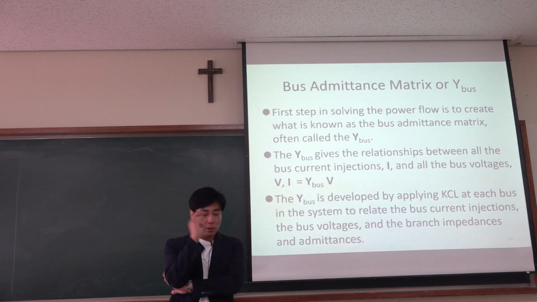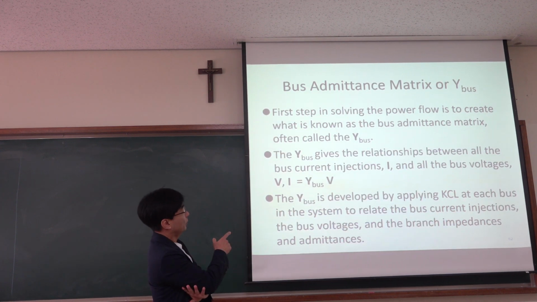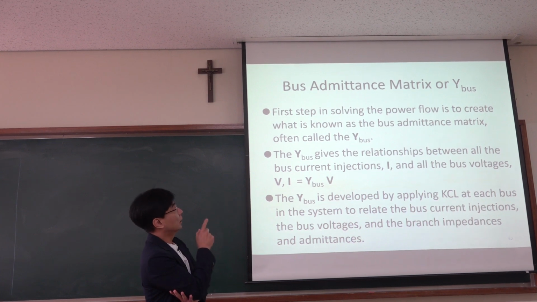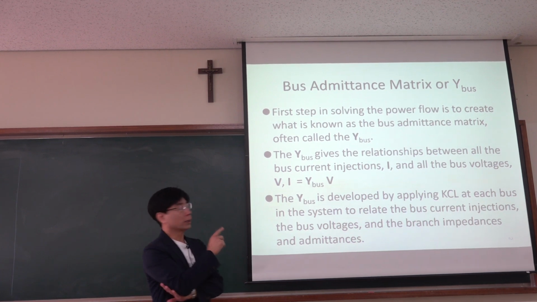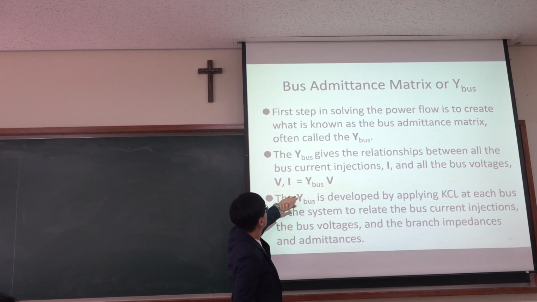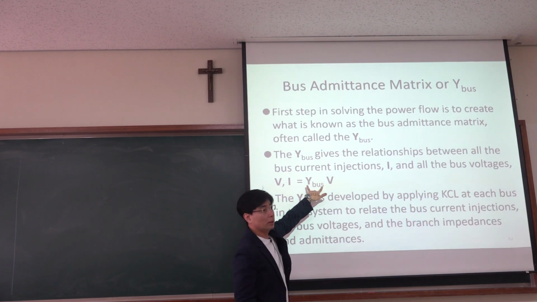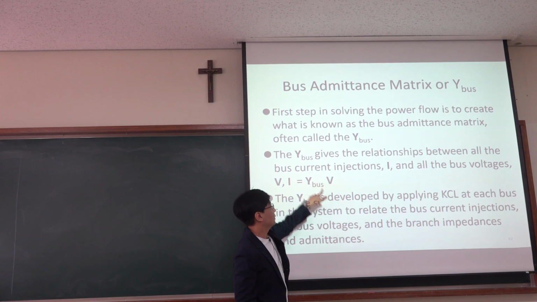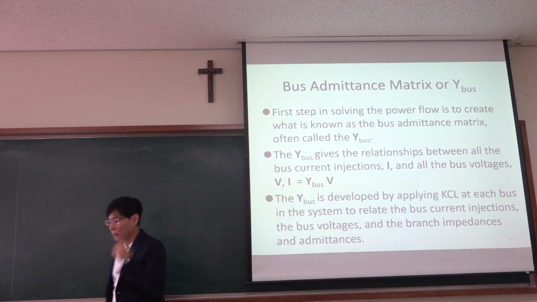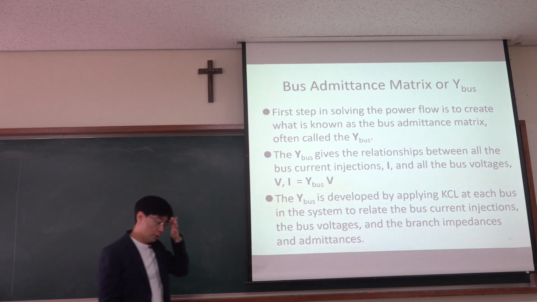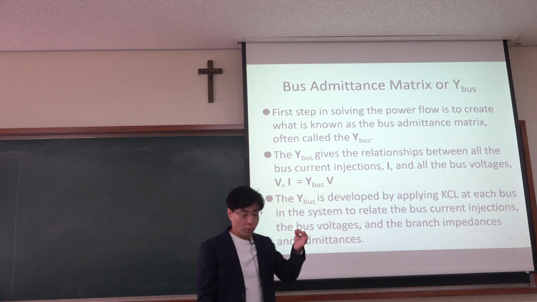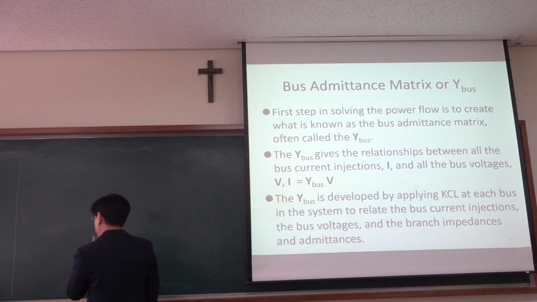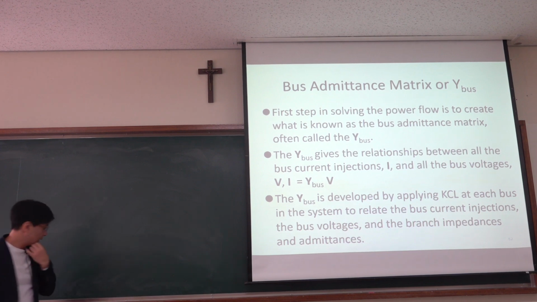So now we will define a very important concept, which is called the admittance matrix, okay? And I will derive this linear equation, I equals Y times V. That part is described in your textbook, chapter 2, section 2.4, but the derivation is not quite kind.